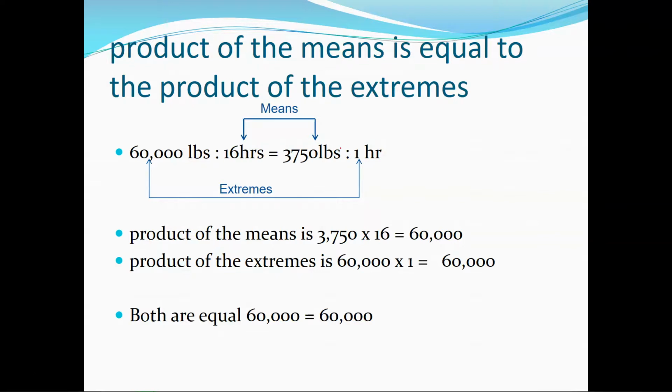So multiplying 3,750 by 16 and then dividing by 60,000 should give you that they are both equal. Does that make sense? Make sense to everybody? Yes, ma'am. Okay.